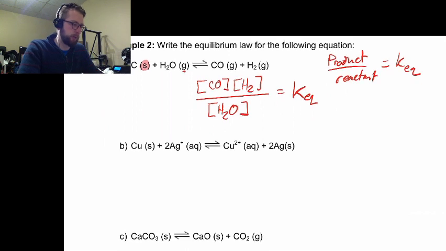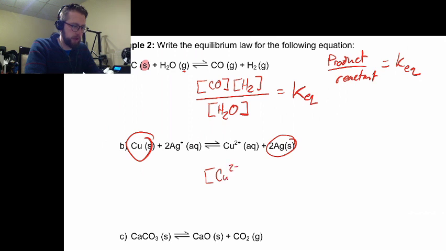The next example is interesting. We have two solids. Both of them get ignored. Even though the one solid has a coefficient, it doesn't matter. All that matters here is we're only going to care about the relationship between the chemicals that have concentration.